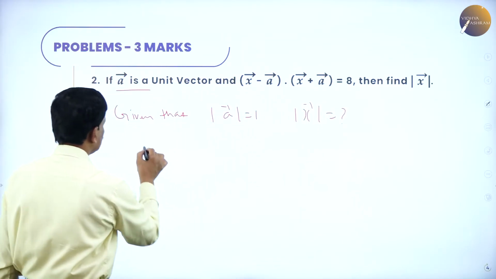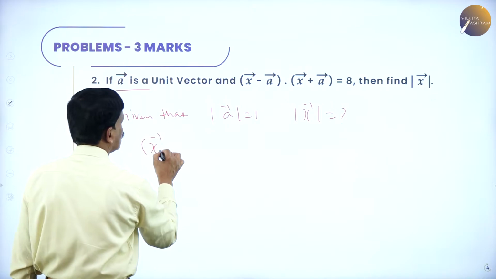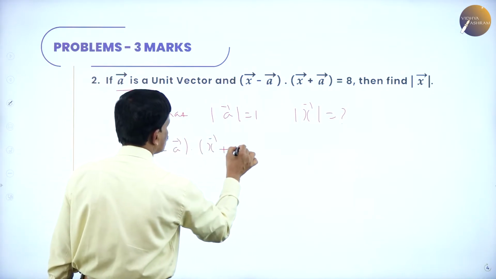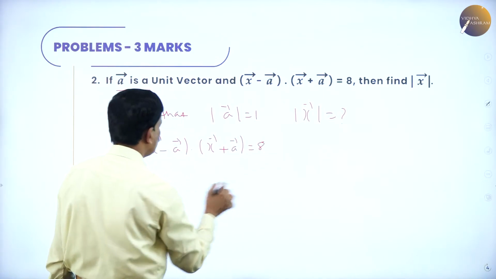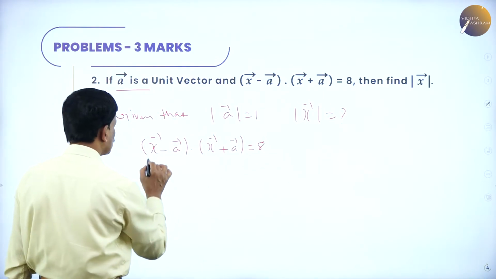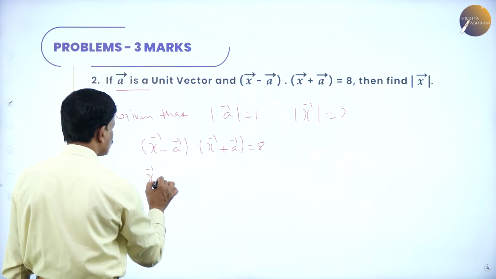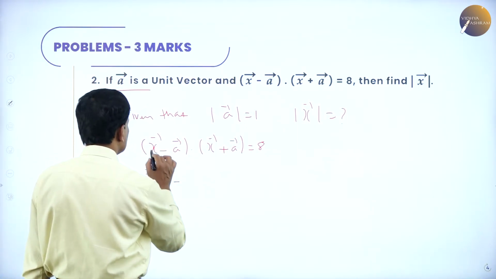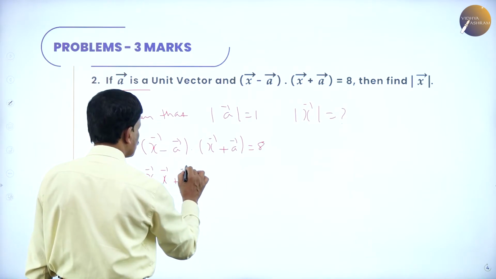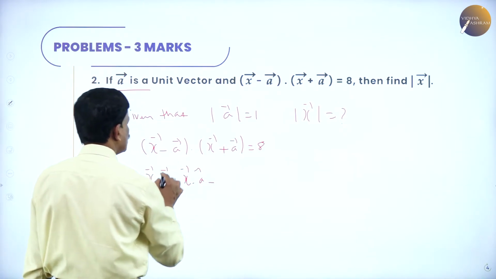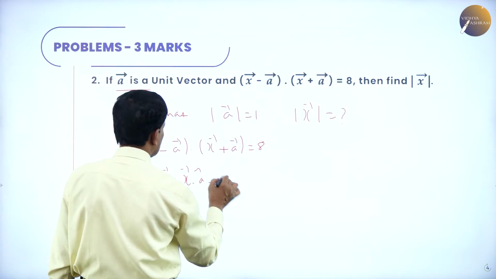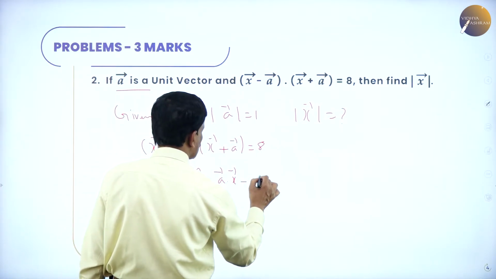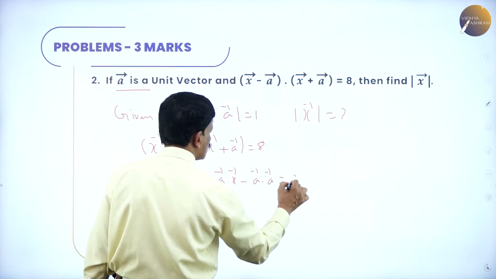Now the given condition is (vector x minus A) dot (vector x plus A) is equal to 8. Simplify this by applying the dot product: x dot x plus x dot a minus a dot x minus a dot a is equal to 8.